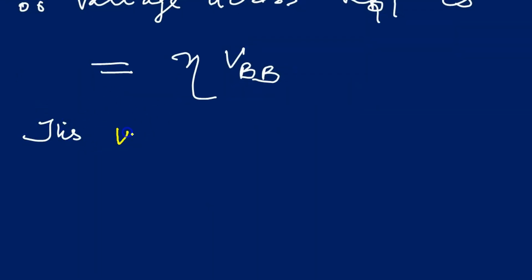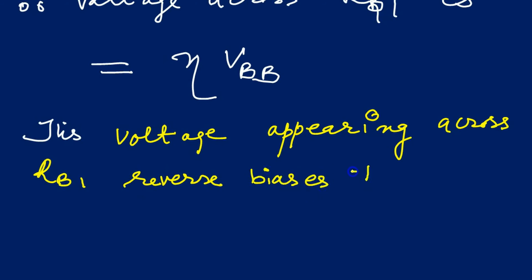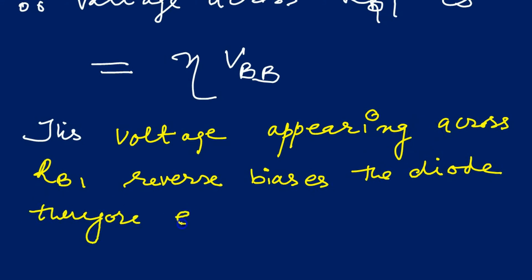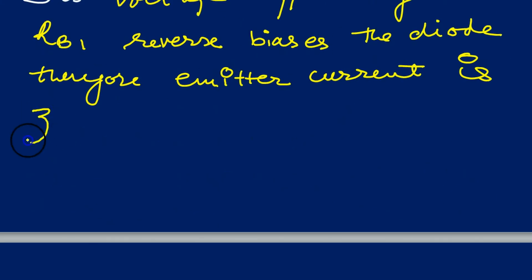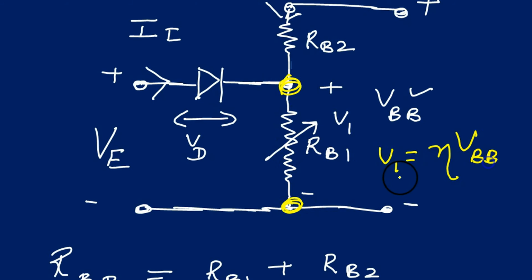This voltage makes the diode reverse biased. Therefore, emitter current is 0 without any emitter voltage. So here V1 is eta into VBB.